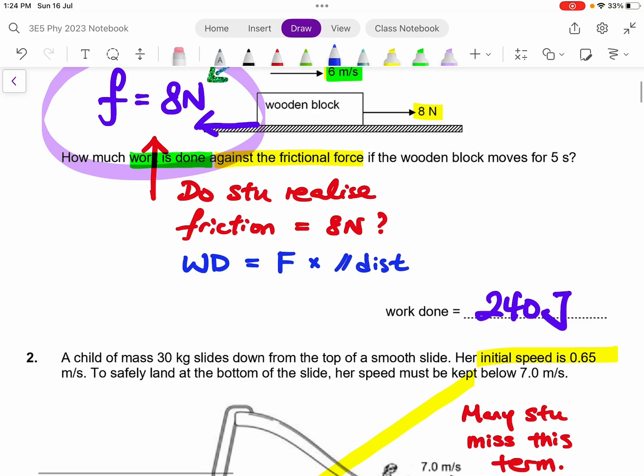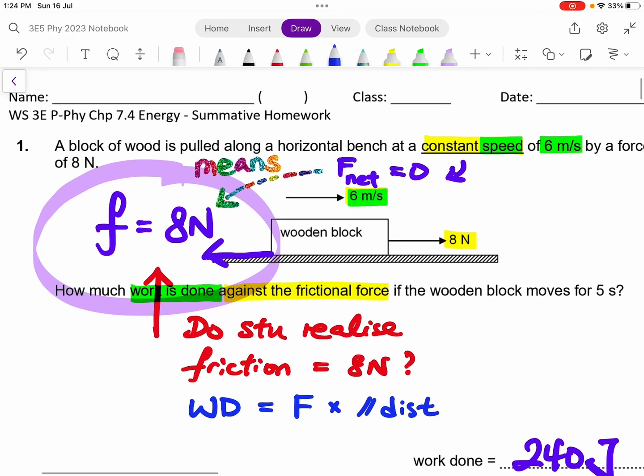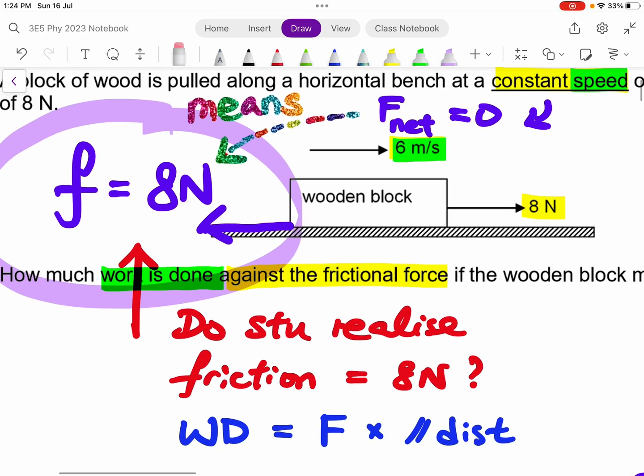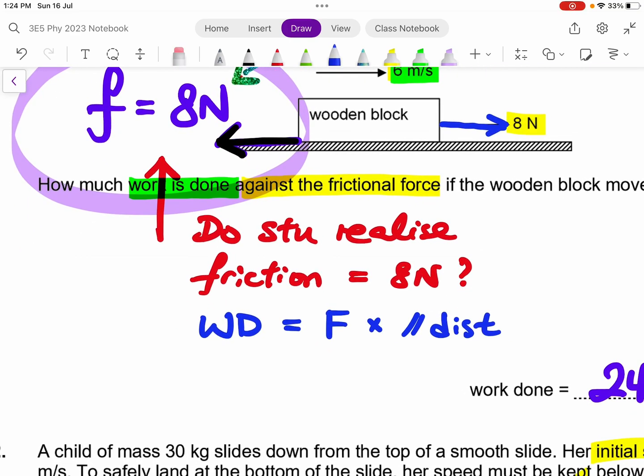Down here, I'm not sure if you notice, because it is running at constant speed, it would mean that the forward force and the backward force must be balanced. So you can deduce that the frictional force is 8 Newton.